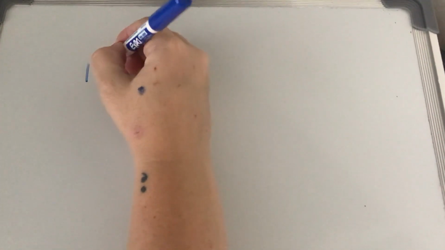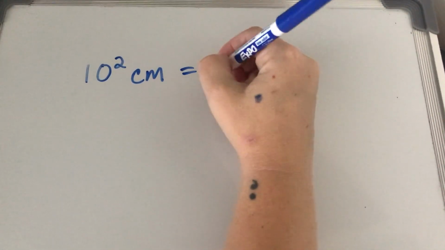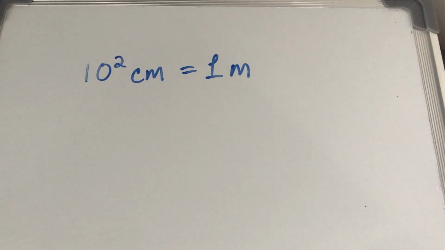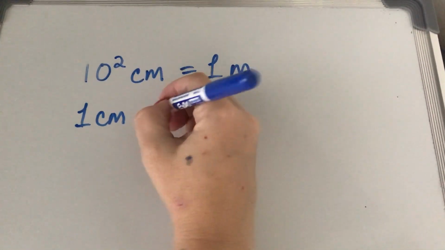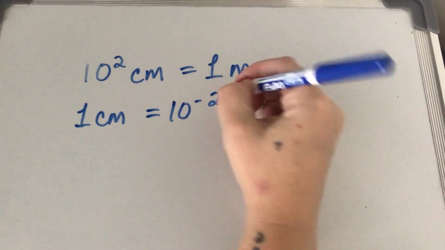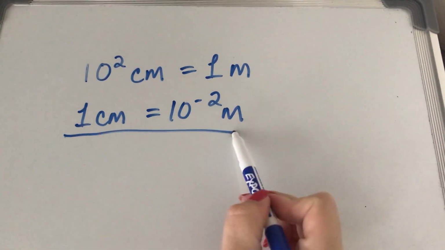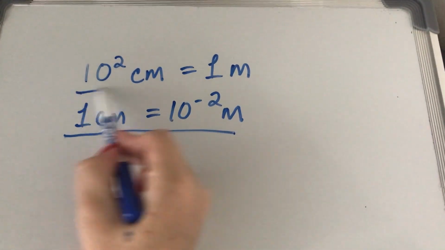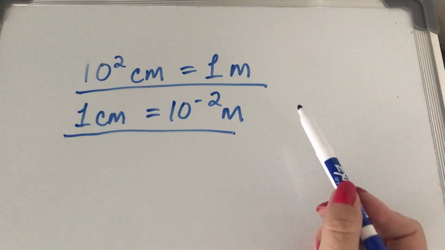If I have 10 to the 2 centimeters for every 1 meter, there's another way that we could write this, which is for every 1 centimeter, there's 10 to the negative 2 meters. I personally find that students find this very confusing, so I always put it in this term in my tables. Okay, yeah, that makes more sense.